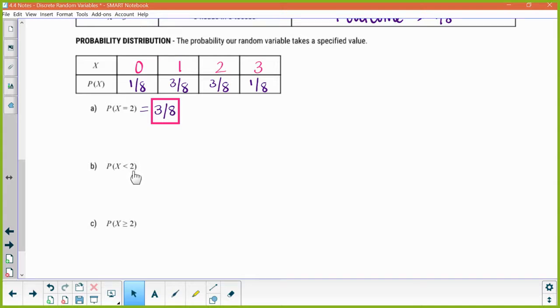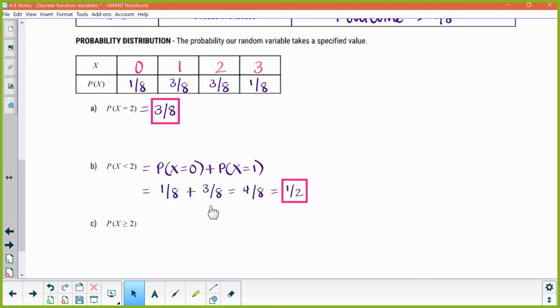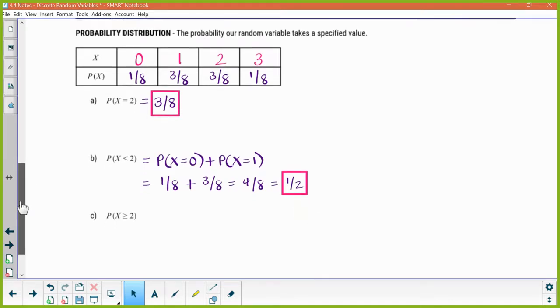Well, if it's less than 2, the only options I have is it's either 0 or it's 1. So I'm going to take the probability of X is equal to 0 and add it to the probability of X is equal to 1. So that's going to give me 1/8 plus 3/8 equals 4/8, which is 1/2.